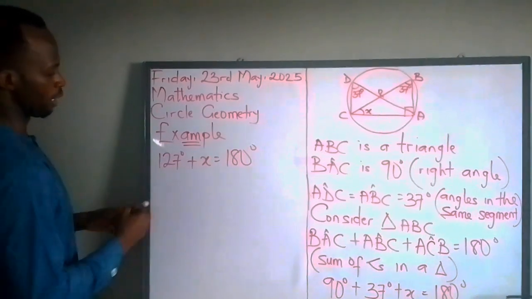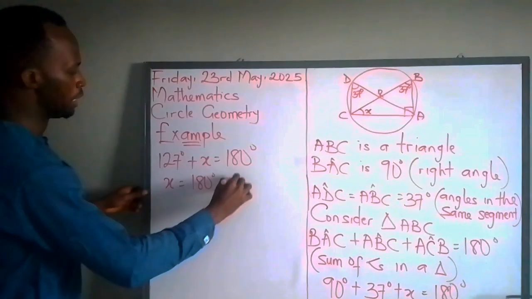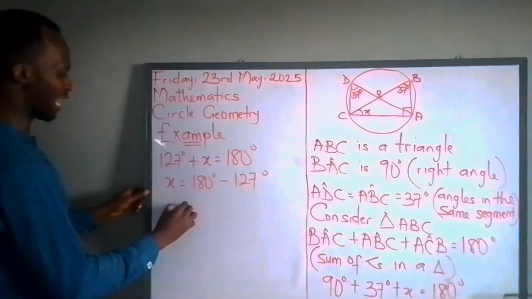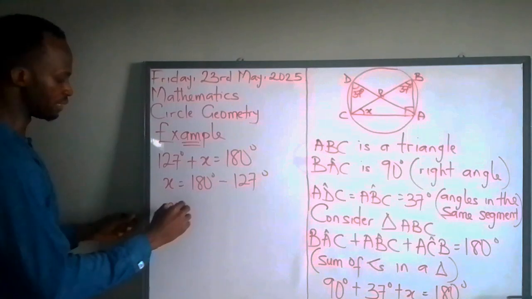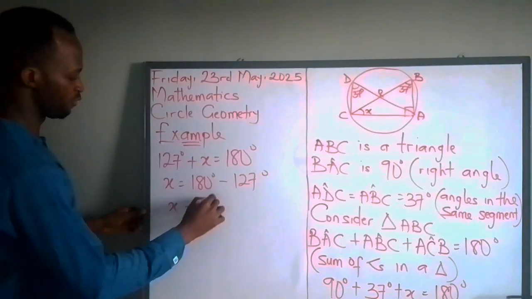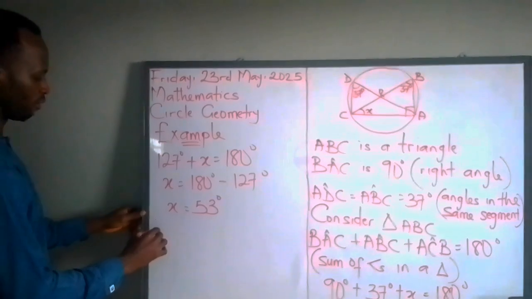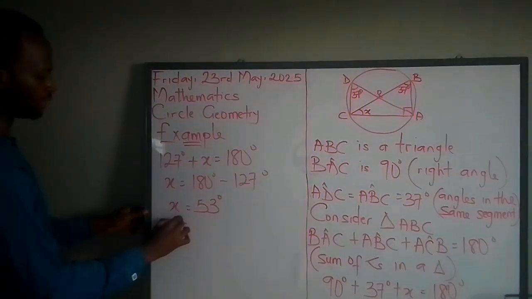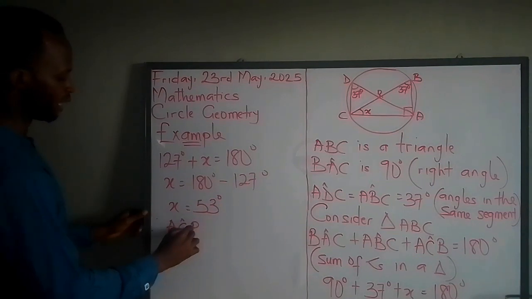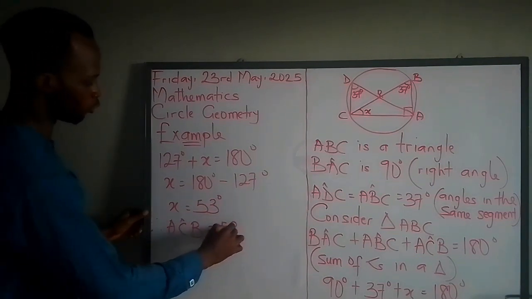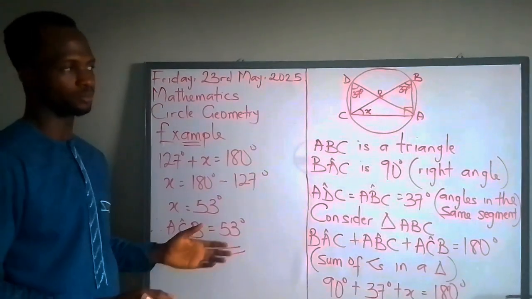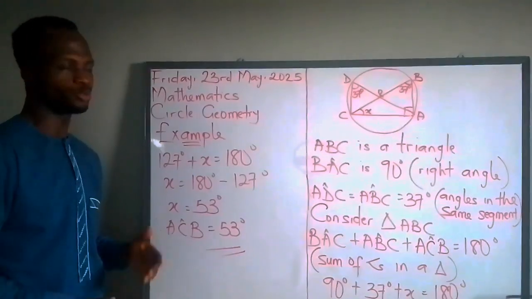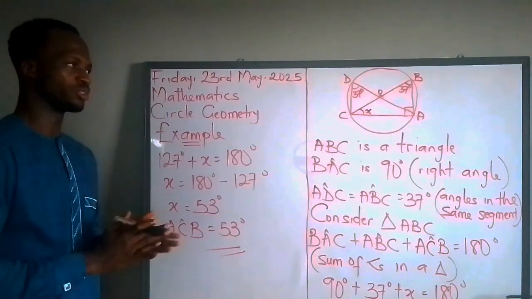So X is equal to 180 degrees minus 127 degrees, which gives us 53. So therefore, angle ACB is equal to 53 degrees. So once you know how to apply your theorems properly, you know how to solve any questions on circle geometry.